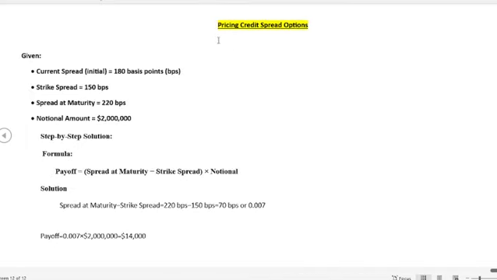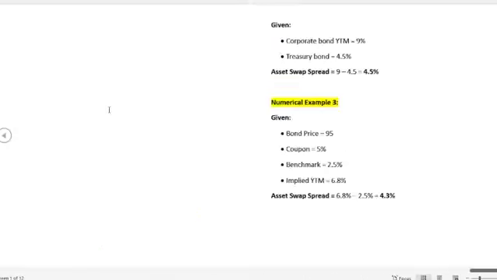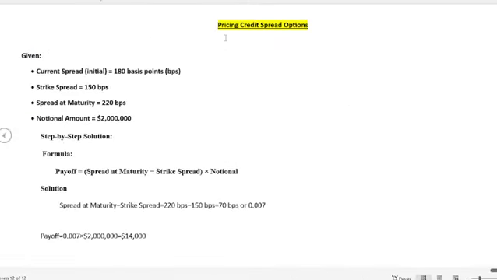The third numerical is the 5th part, pricing a credit spread option. You can see the formula: payoff equals spread at maturity minus strike spread, into notional.